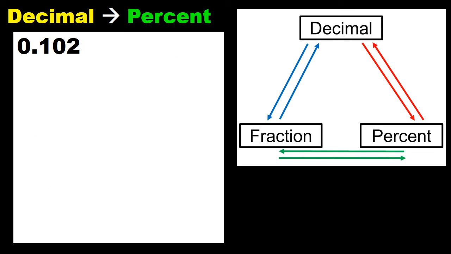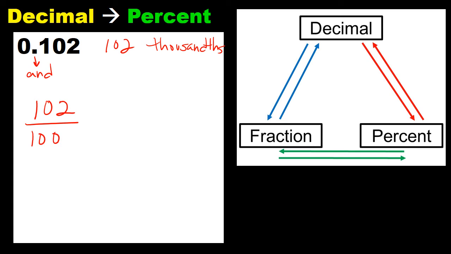So now what about this example? So we have 0 and 102 thousandths. So let's go ahead and write that out as a fraction: 102 over 1,000. So in this case, to get a percent, it needs to be out of 100.